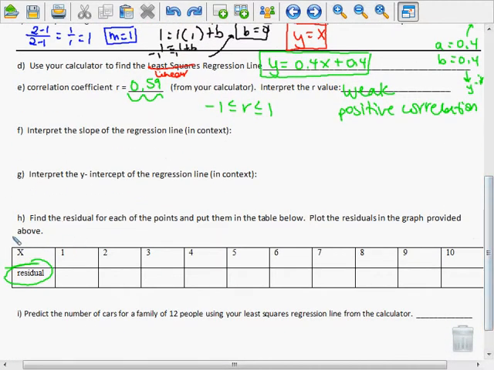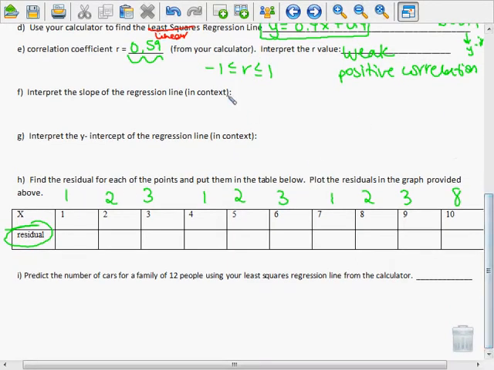This is what was given. And this was 2 and 3, and then it went over again 1, 2, 3, and then 1, 2, 3, and then 8. So for the residual, you're going to have to actually calculate the values. I wish this table wasn't here. I'm sorry, this table is a bad table.